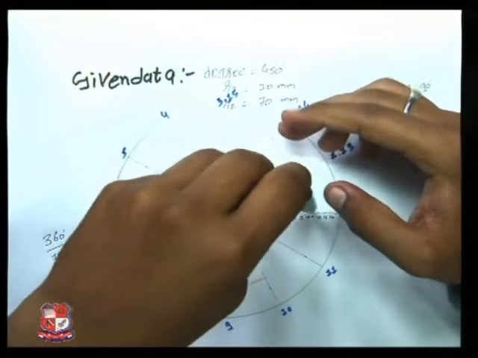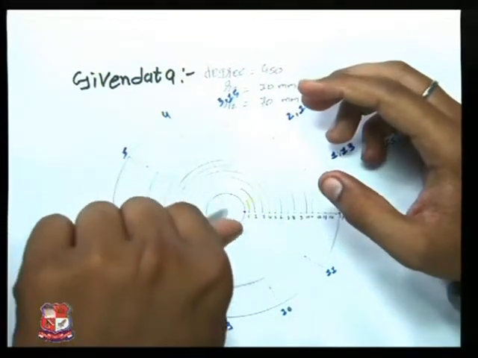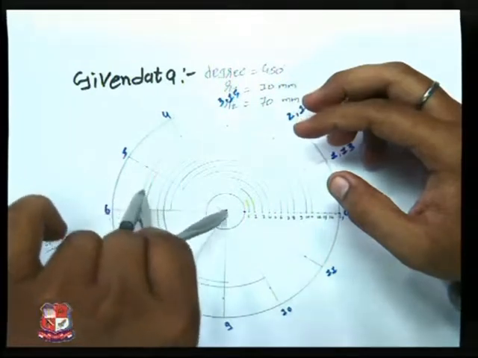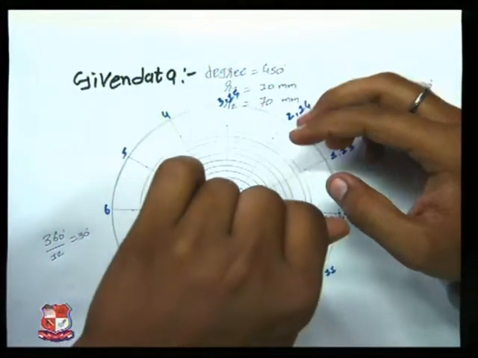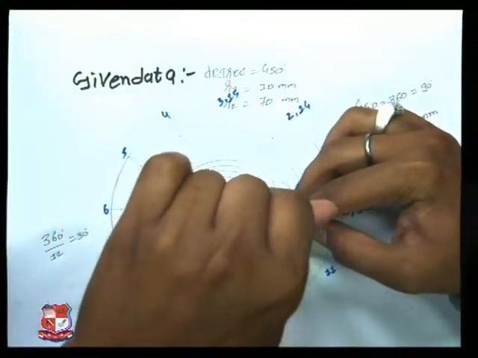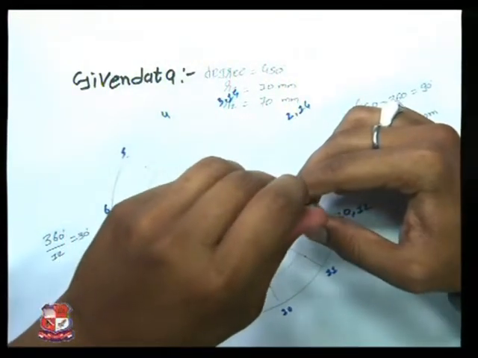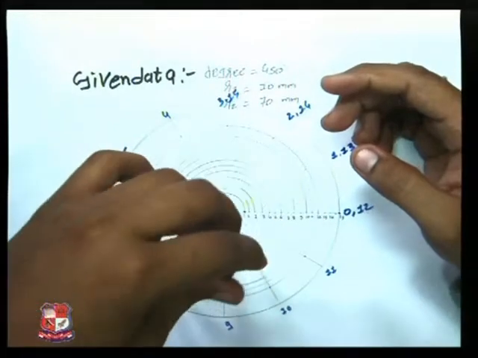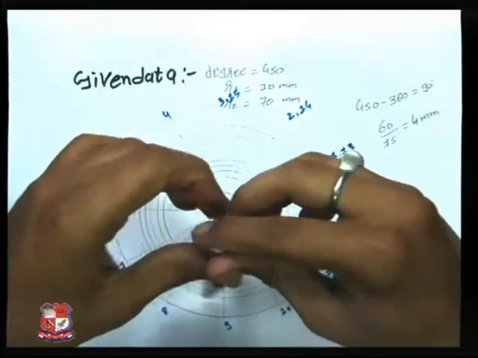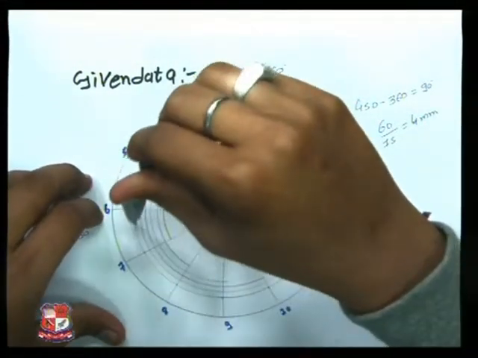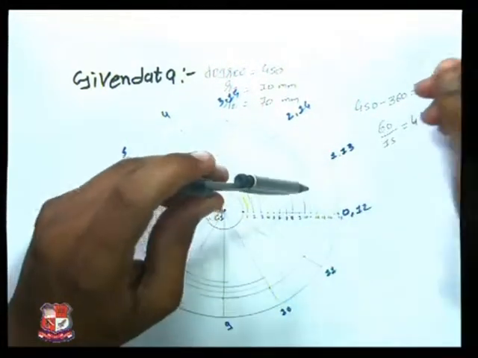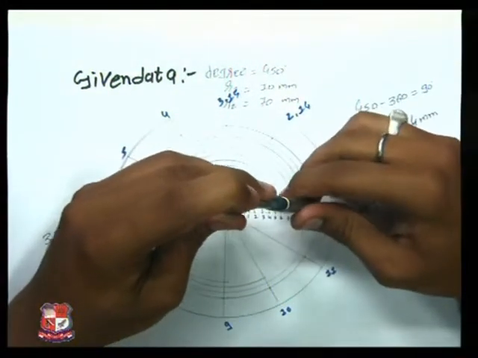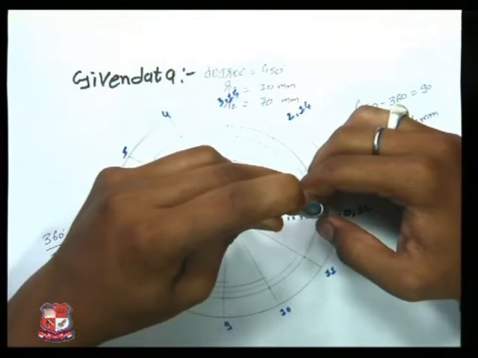C1 to 11. Don't miss any points. C1 to 11. C1 to 12 means that full circle. Now we have reached the 13 point.